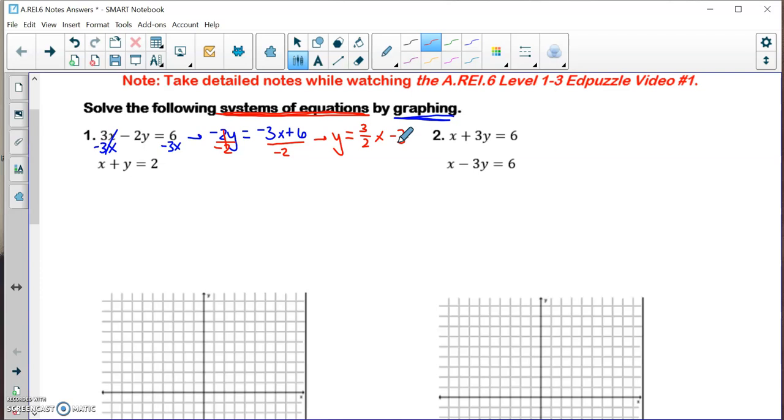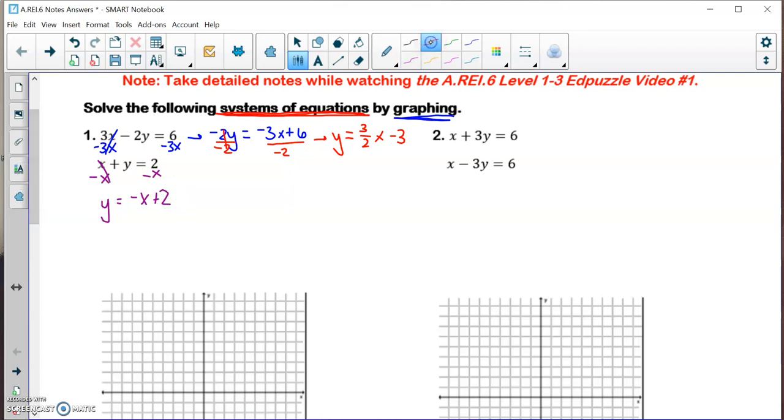All right, we'll graph that in a little bit. Now in my bottom equation, I'm going to subtract x from both sides, and I wind up with y is equal to negative x plus 2. That's all I have to do for my bottom equation.